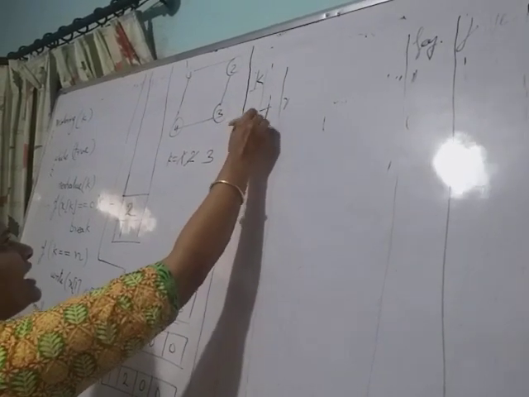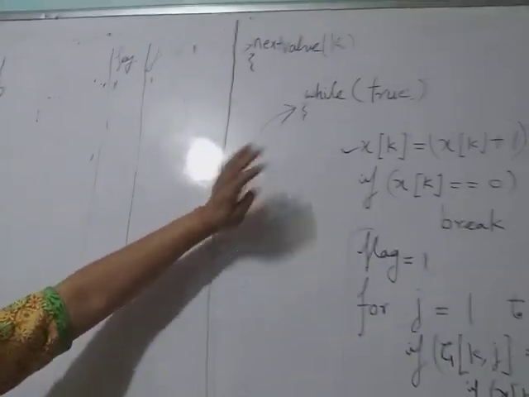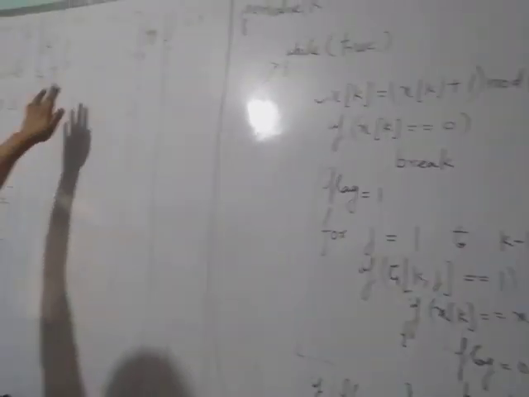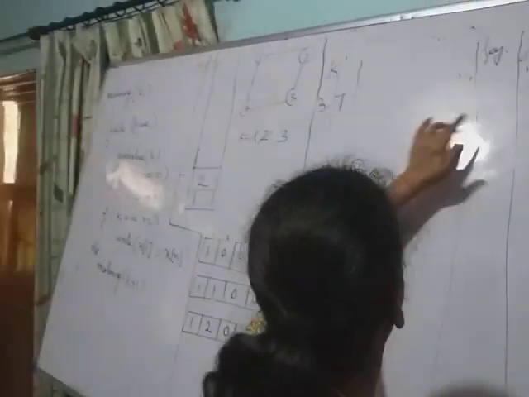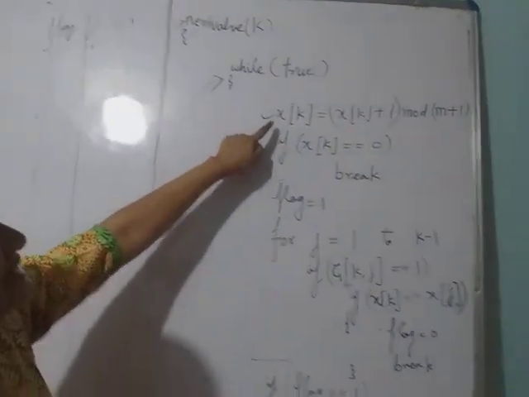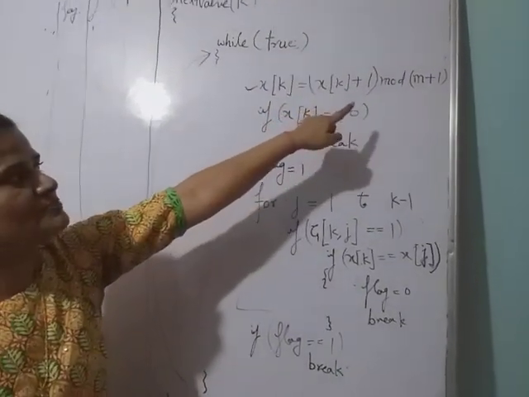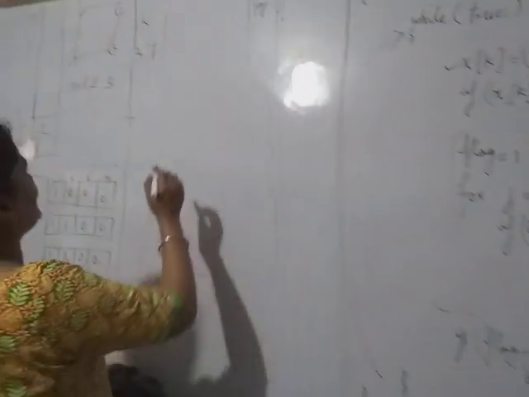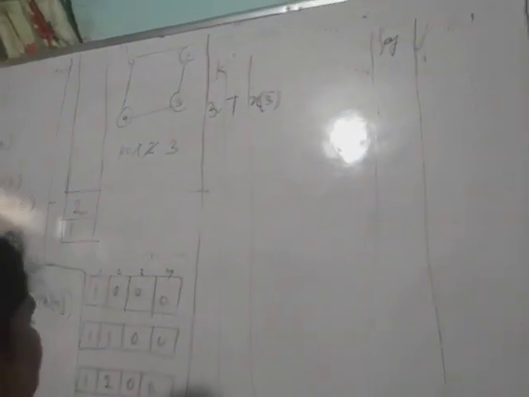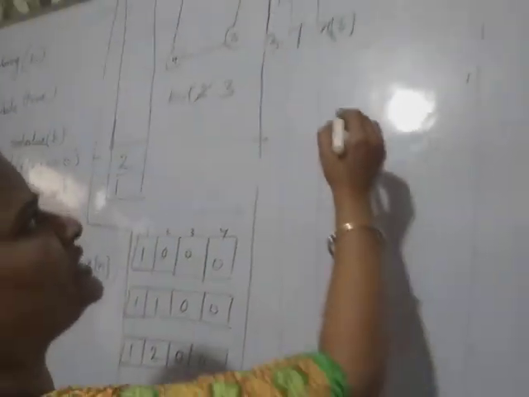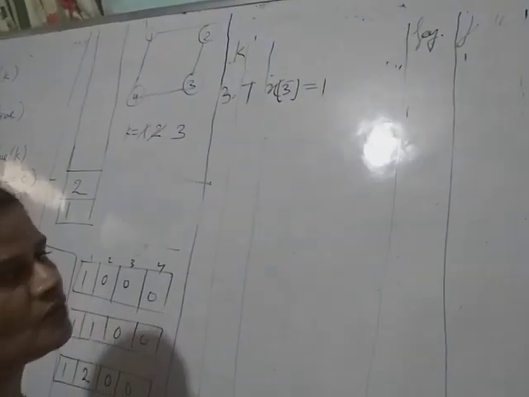The outer while loop is an infinite loop, so the condition is true. Now x3 equal to (x3 plus 1) mod 4. At this time x3 is 0, so it will give the value 1.